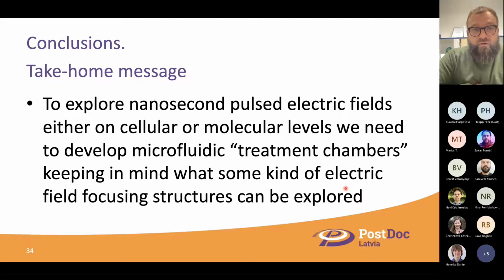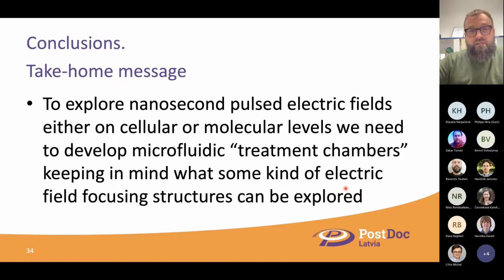So yeah, I really want to go to a conclusion. From these results, I extract the main take-home message: to explore nanosecond electrical pulses, whether for cellular or molecular level investigation, we need to develop microfluidic treatment chambers, keeping in mind some kind of electrical field focusing structures.